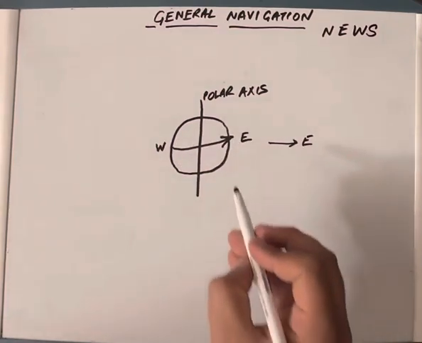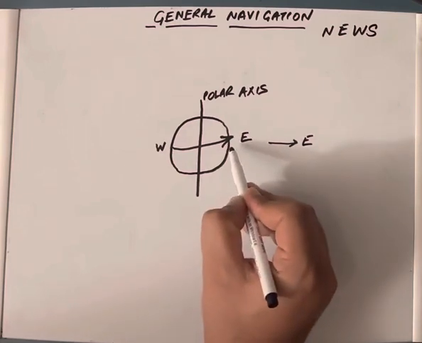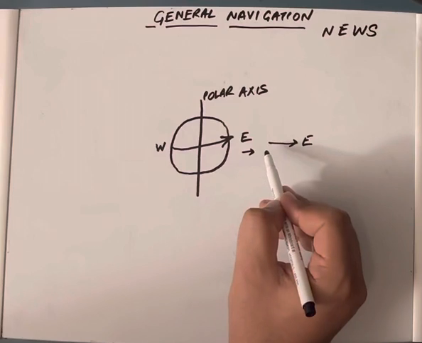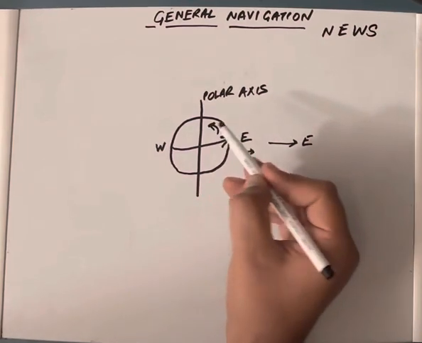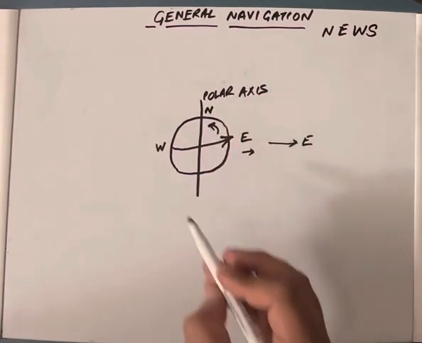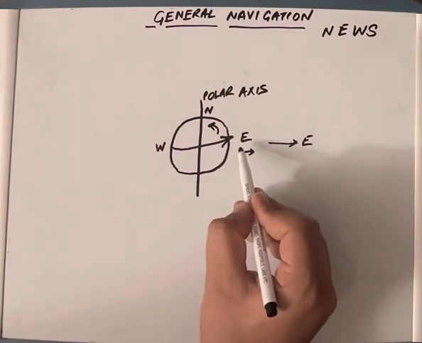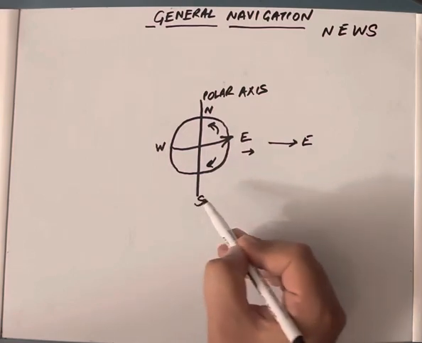So if you face towards the east, if suppose you are looking towards the east or the direction from where the sun comes up in the morning, then towards your left side at 90 degrees would be the direction of north, and diametrically opposite, on your right side if you are facing the east, will be the direction of south.